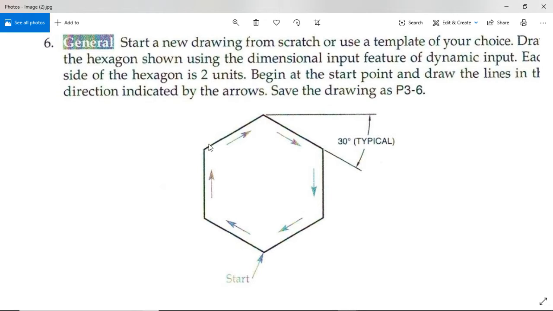The third segment, also a length of 2. This time we're going up from the horizontal that would begin here. So that's an angle of 30. So 2 angle 30 puts us here. And now we're going 2, but this time we're going down. There's 2 ways of doing that. You can go 2 angle of negative 30 because we're going down, in the opposite direction, clockwise, from the way we measure angles in AutoCAD.